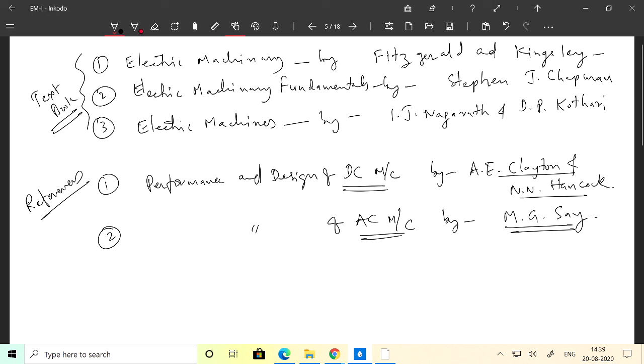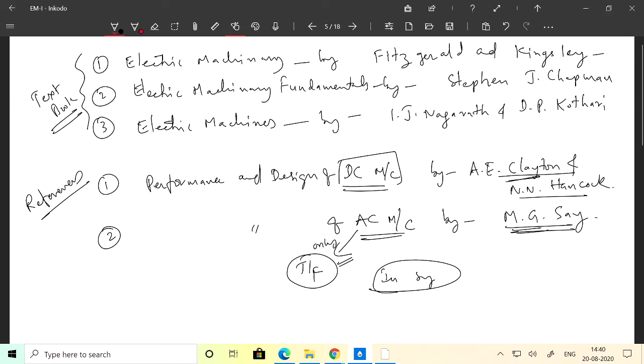In Electrical Machines 1, you are going to study only transformers. Induction machines and synchronous machines you will study in the next subject. So for AC machines, only transformers you will refer in MG Say, and Clayton and Hancock for complete DC machines.